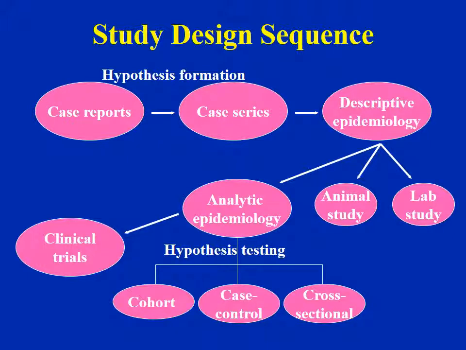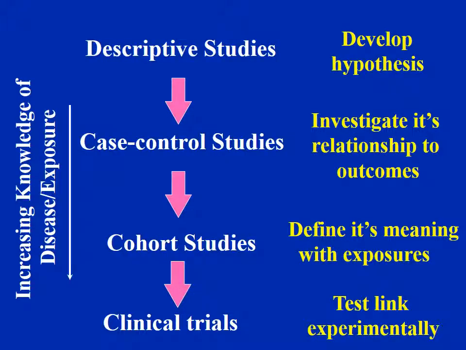Case series and descriptive studies all help us develop hypotheses, whereas hypothesis testing often takes place in case control and cohort studies. Descriptive studies are often used to develop hypotheses.